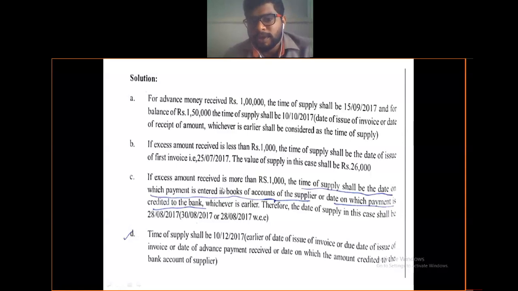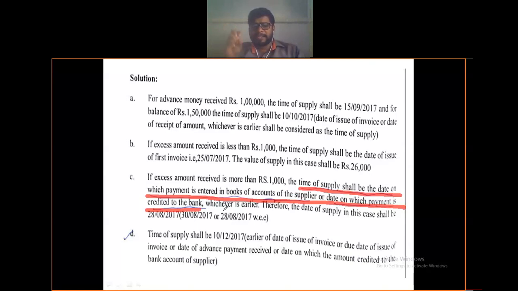Since the excess amount received is more than 1000, the time of supply shall be the date on which payment is entered in the books of account of the supplier, or date on which payment is credited to the bank account, whichever is earlier. Remember, you are not taking into consideration the date of issue of invoice. You are considering only two things. What are you comparing?